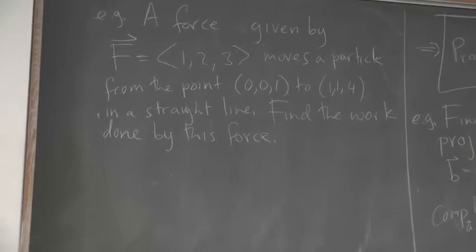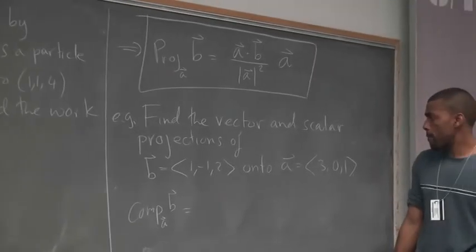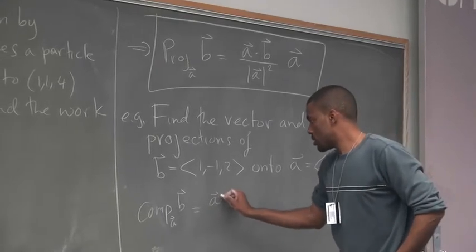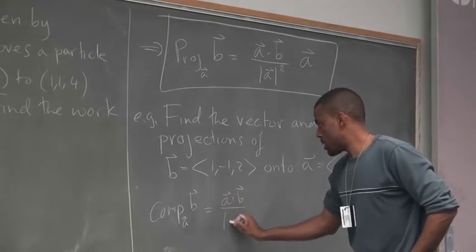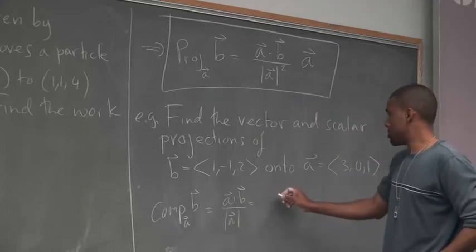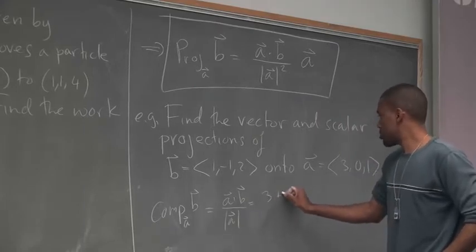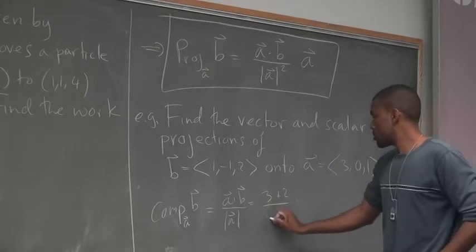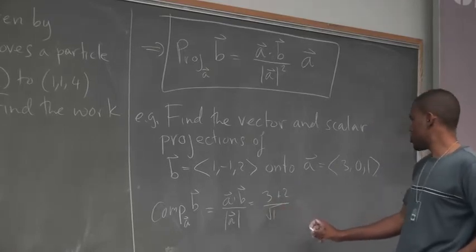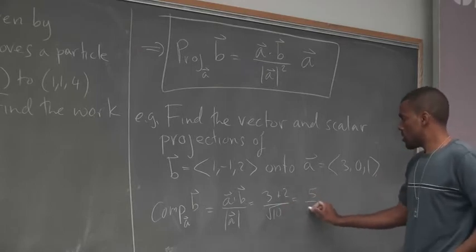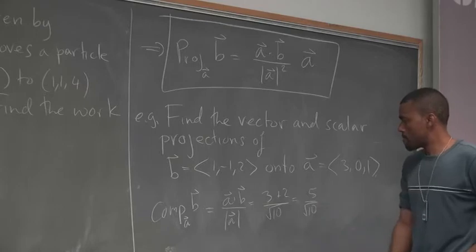Find the dot product. The projection is A dot B over the magnitude of A, which is just 3 plus 2 over root 10, so 5 over radical 10.